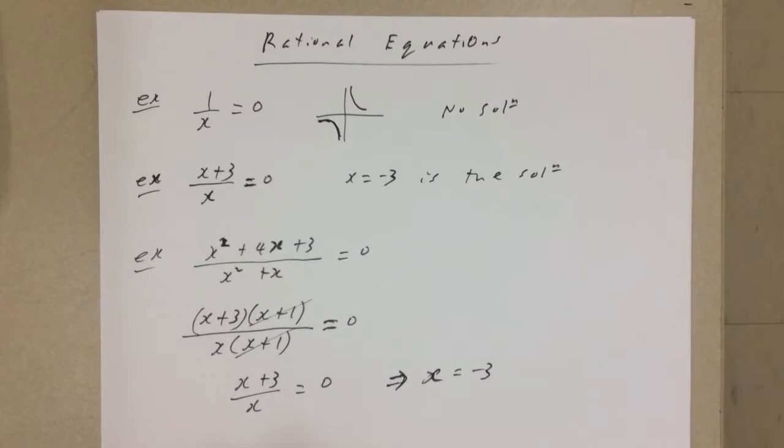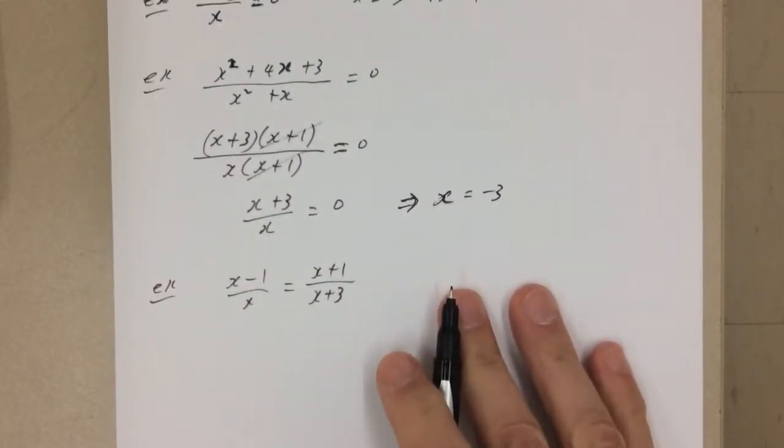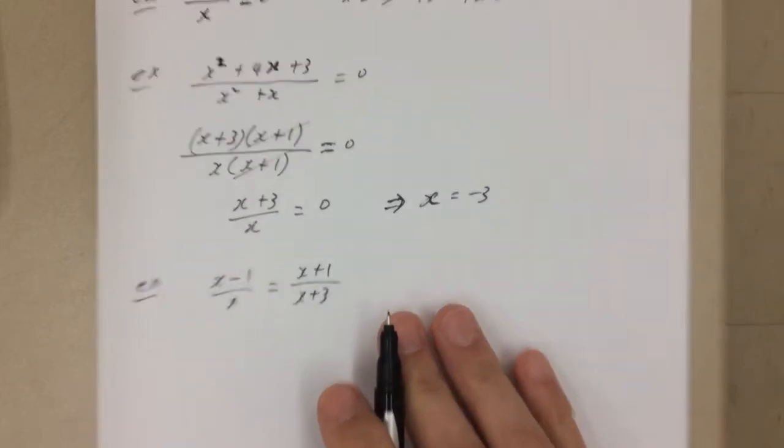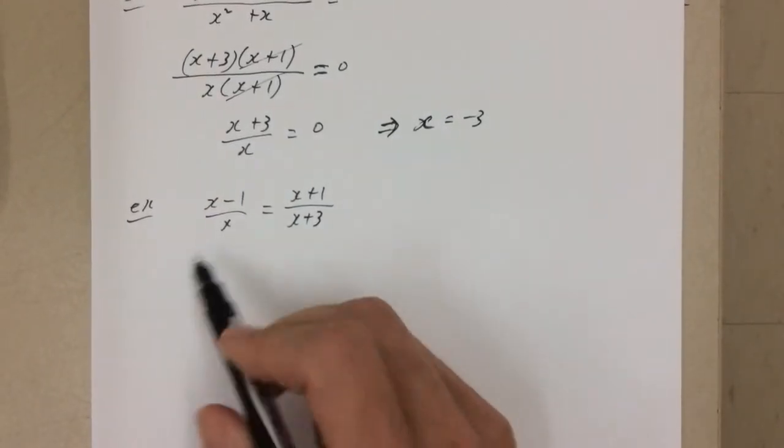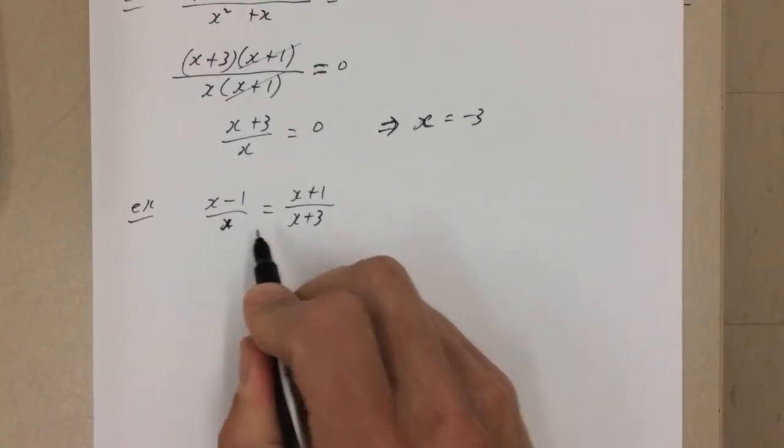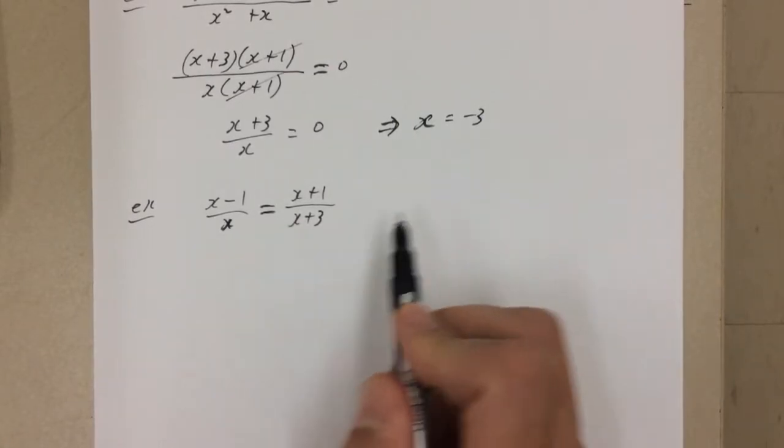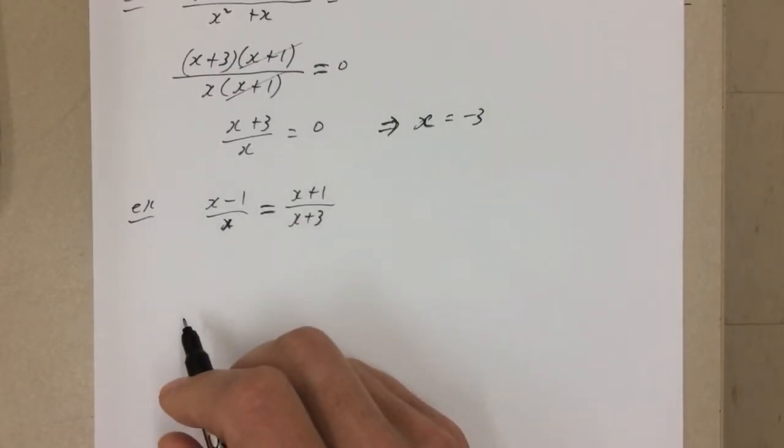Now, what if we had x minus 1 over x equals x plus 1 over x plus 3? We've got to bring everything to one side and have it equal to 0.